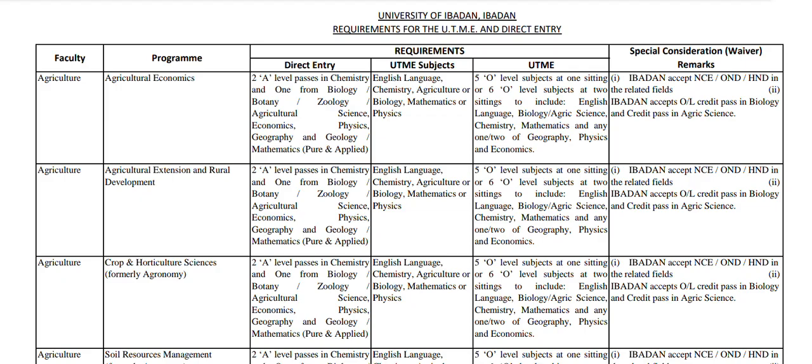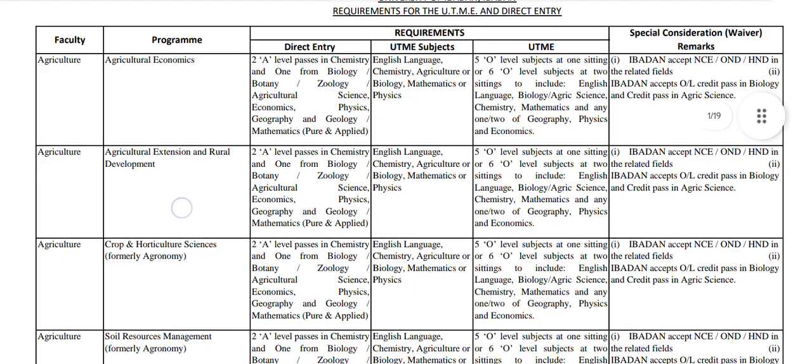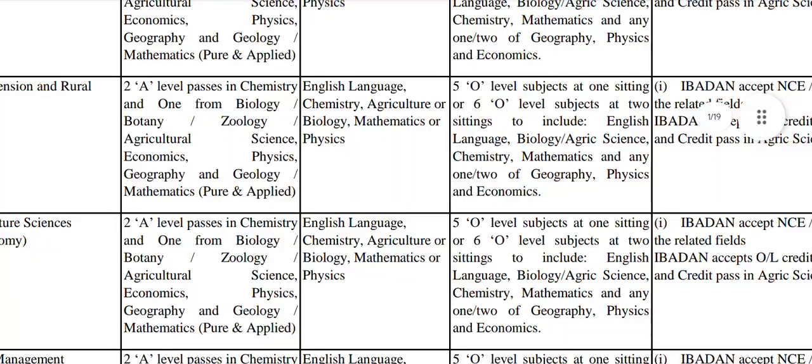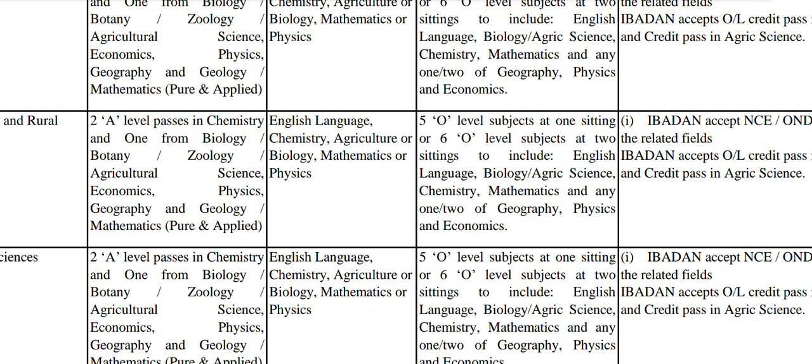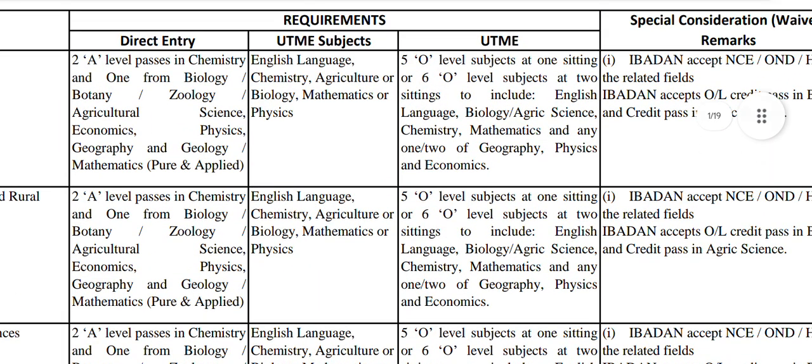So if you have a credit, you have the same standing as the person who has A's or B's. So you are on the same ground. You must note that you must possess at least a credit in the relevant subjects for your course.